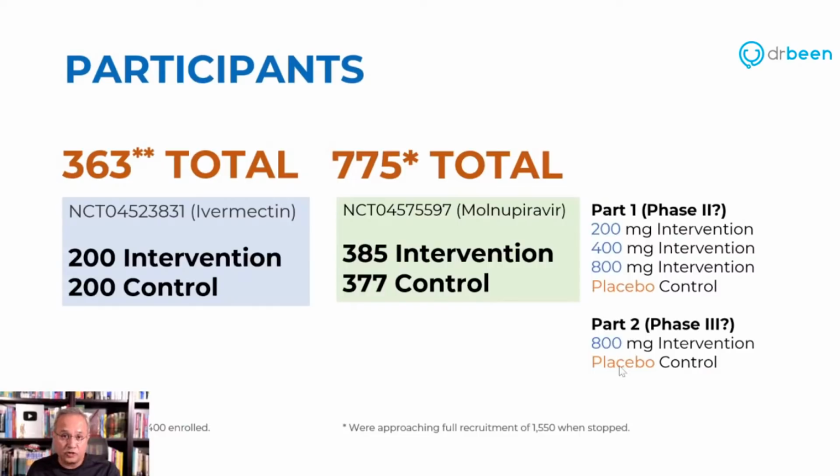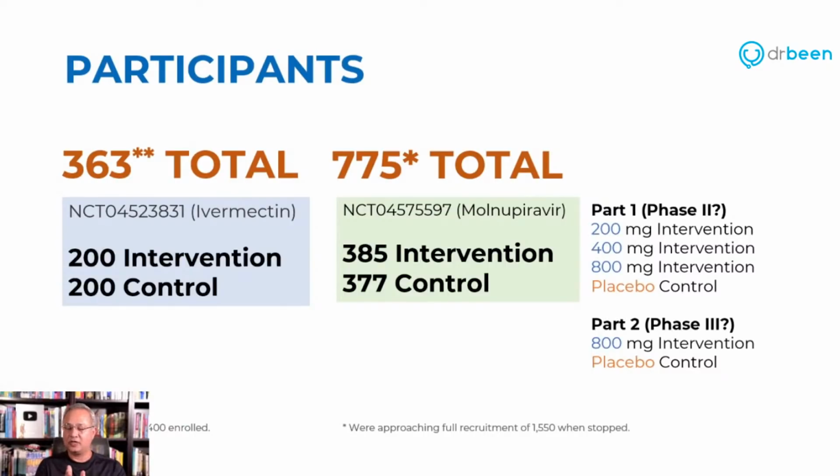Then the part 2, the phase 3, is actually 800 and placebo. So maybe from this previous part, they also pulled the folks who were in 800 milligram group. Maybe they went back and gave everyone another course of 400 and 200 to bring them to 800. I'm trying to be more generous towards their division because I do not know the data.